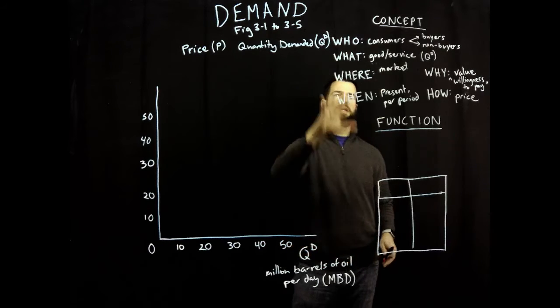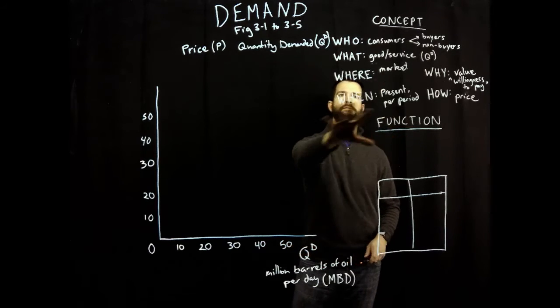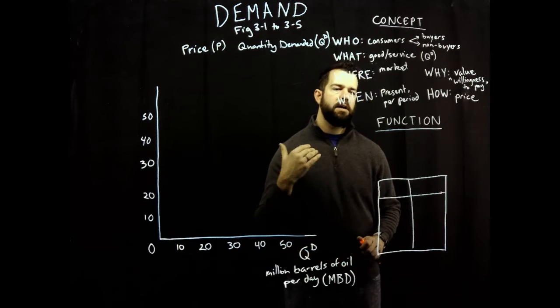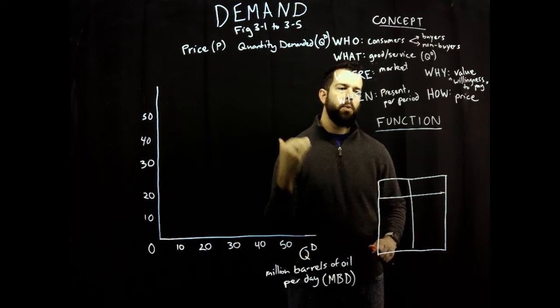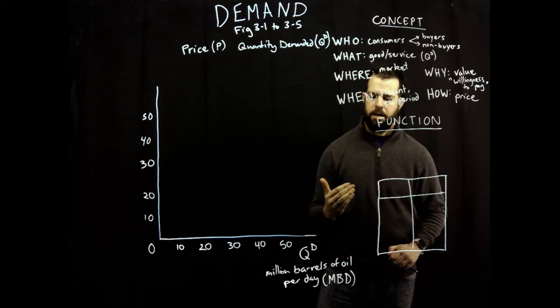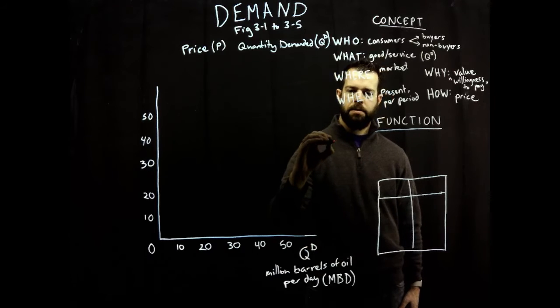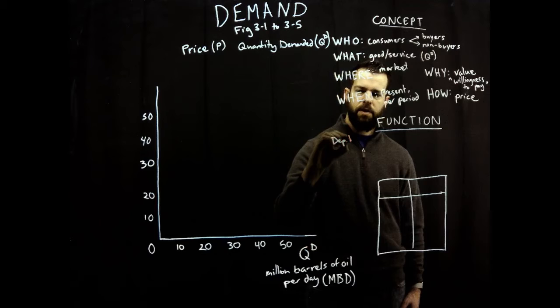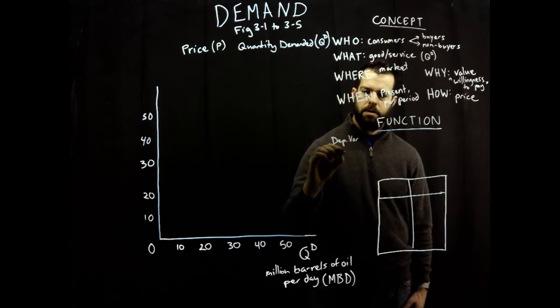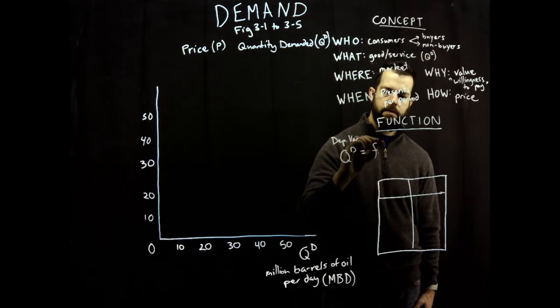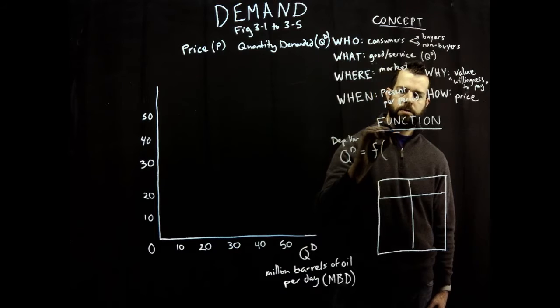Okay, so we can take all these concepts and bring them into a function, a function that represents what determines the quantity demanded of oil. And so our dependent variable, I'm just going to say dependent variable, is our quantity demanded, and it is a function of the independent variables.